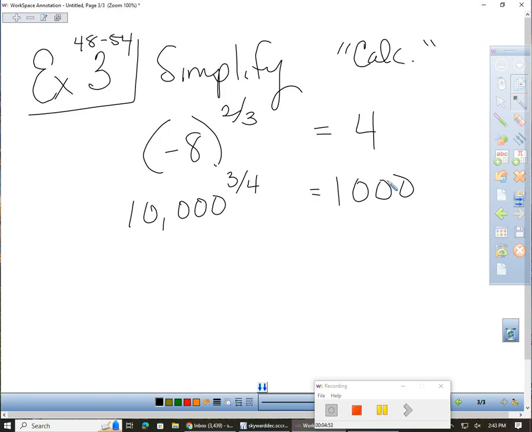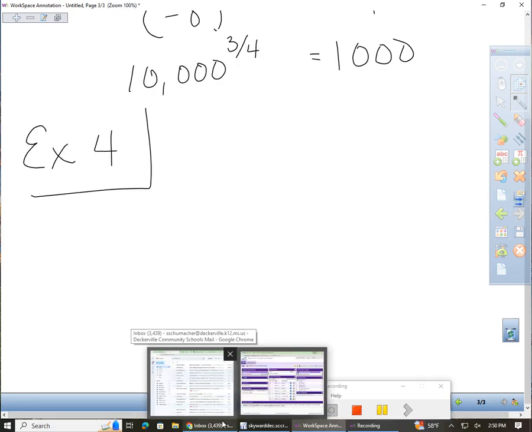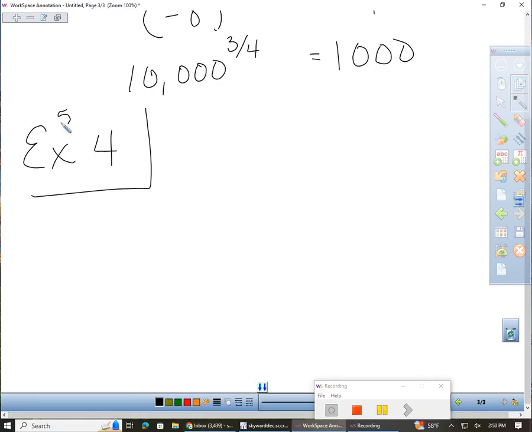All right. So are we good with the middle section? Yeah. Example number 4. The last section, you have to follow your exponent rules, all of them. For problems 56 through 66, this is the rest of it.